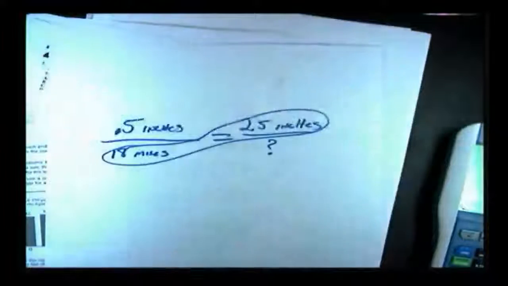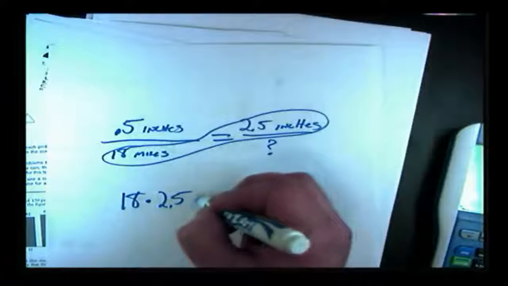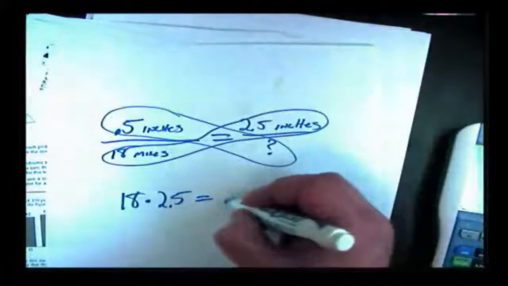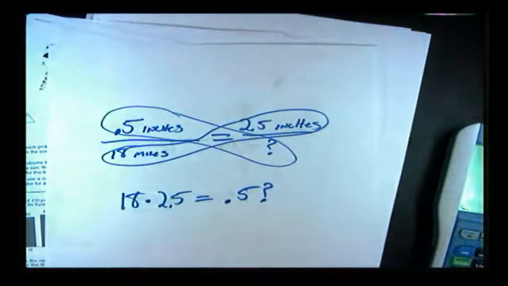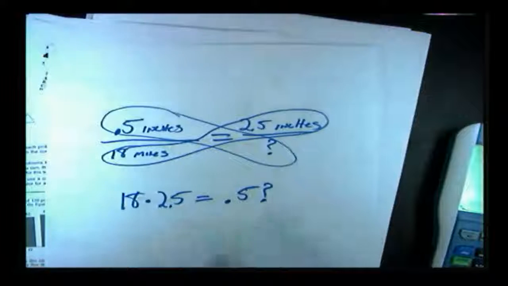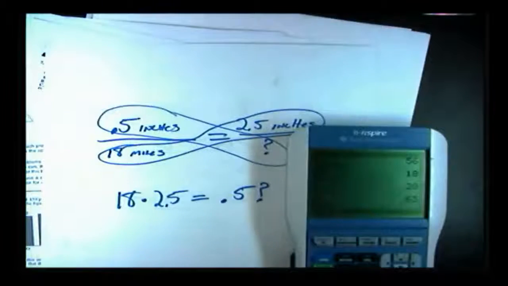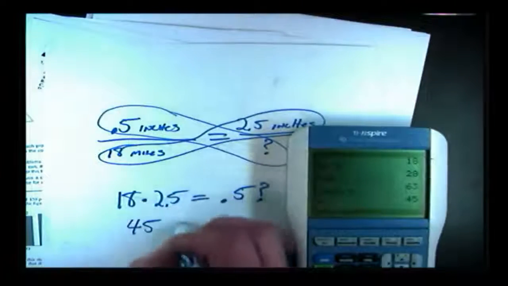So I'm going to cross multiply these two things. So I have 18 times 2.5. And then on the other side, that is equal to 0.5 times question mark. And I'm trying to solve for my question mark here. 18 times 2.5 by calculator is 45 on the left-hand side of our equation.